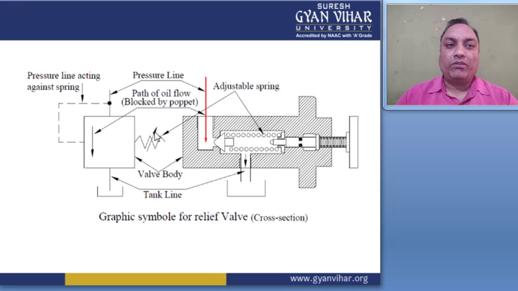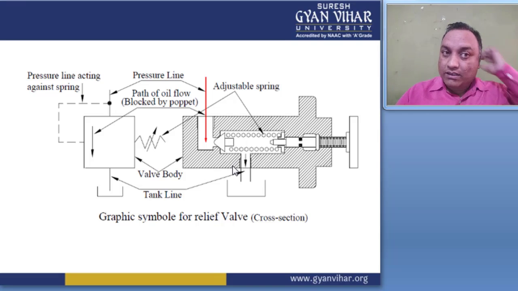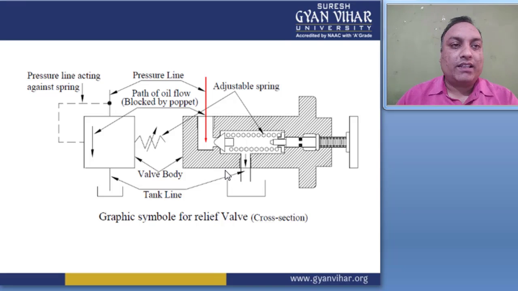This is a variable arrow, and this is the pressure line acting against the spring. And these are some symbolic representations of the pressure relief valve, right?